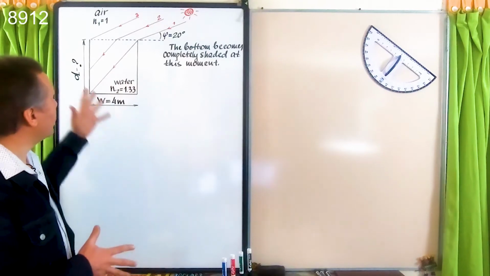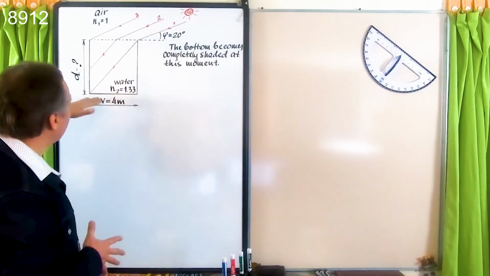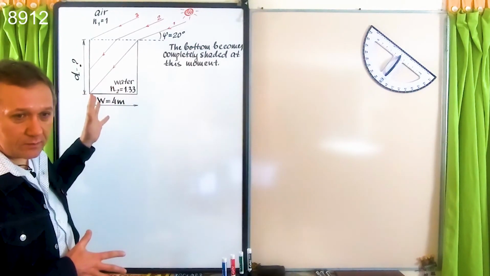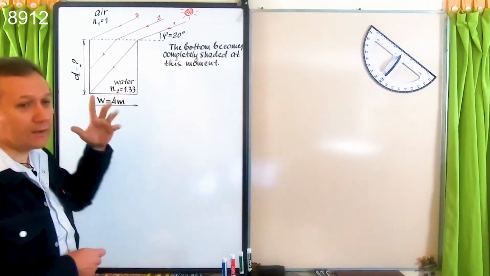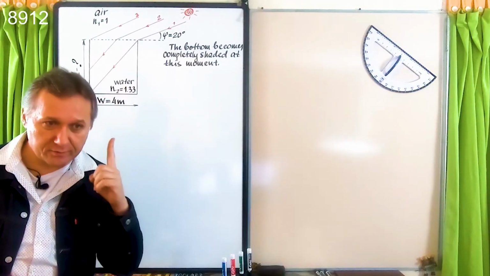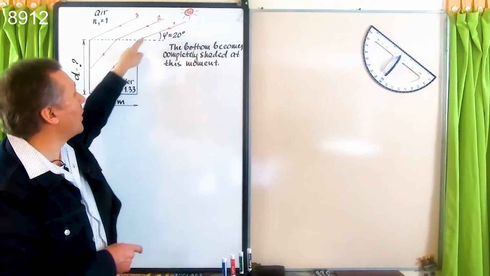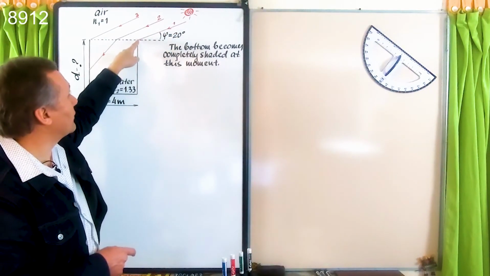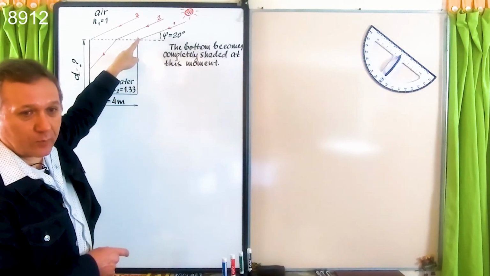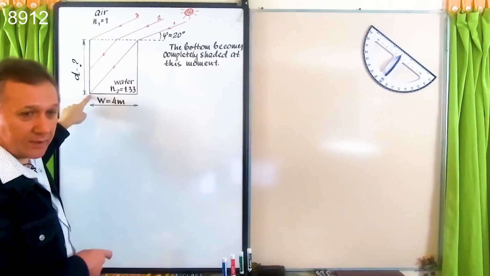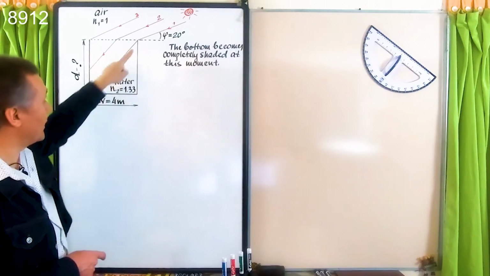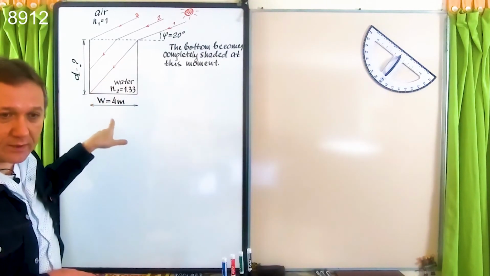If at that moment the bottom of the pool becomes shaded, it means that the last ray which is going to hit the bottom of the pool will be ray number 1. After the refraction at this point, it is going to hit that corner. So ray number 1 will be the last one hitting the bottom.